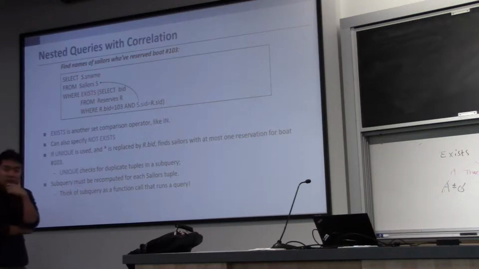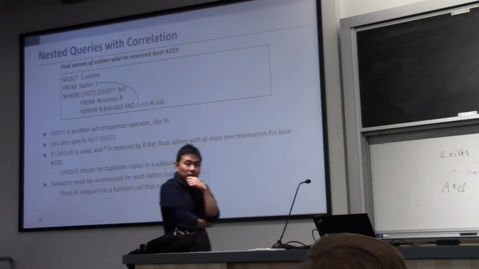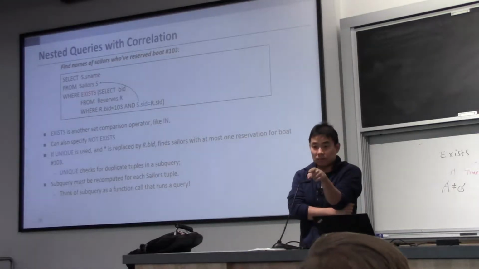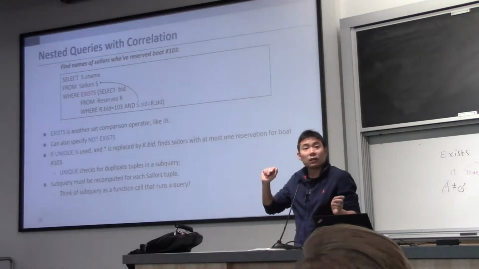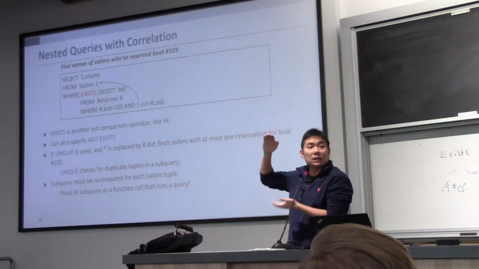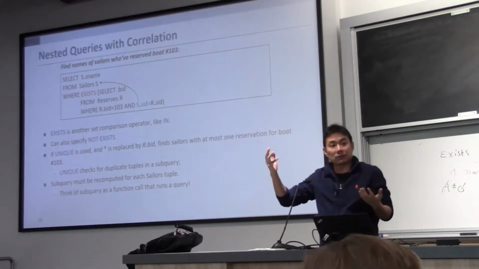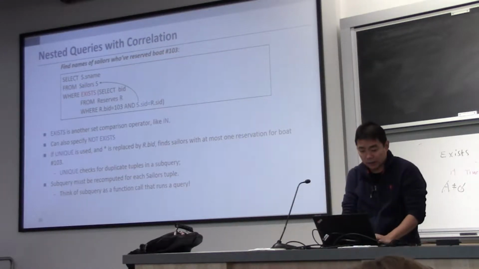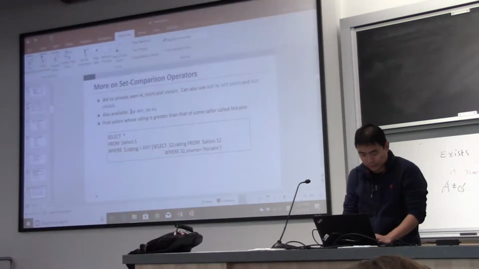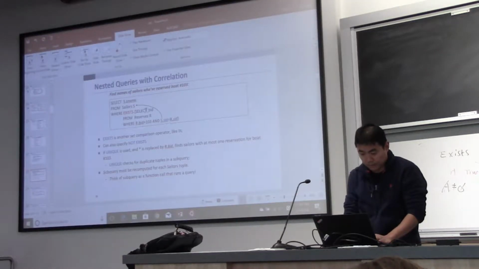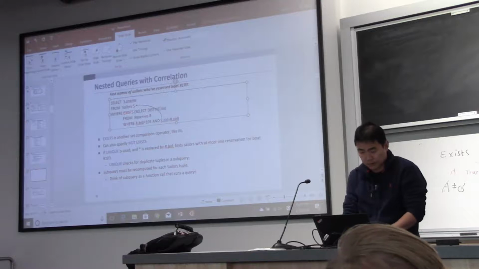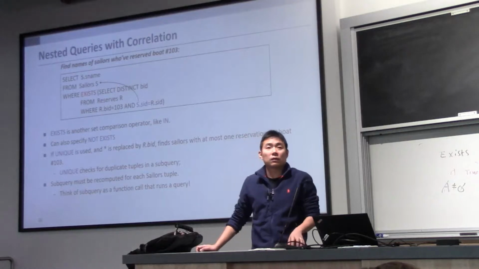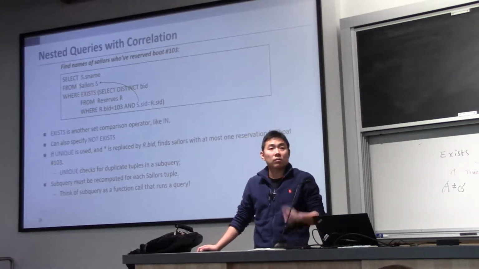Go ahead. It returns the names of any sailors who reserved... Yeah, 103 by the way. One, not both. As long as the inner block is not empty, meaning that you have reserved 103. And there's no difference between this and this, no difference between the two.